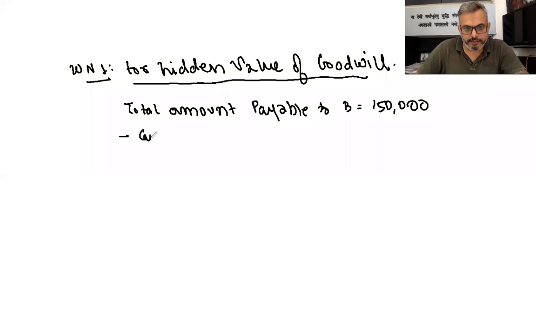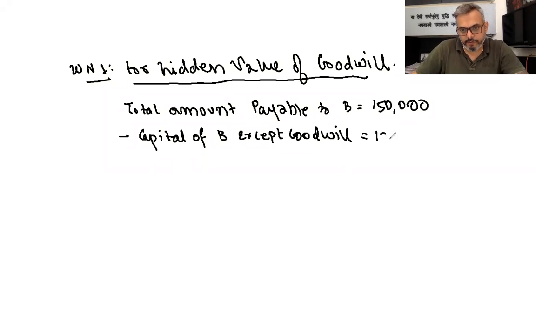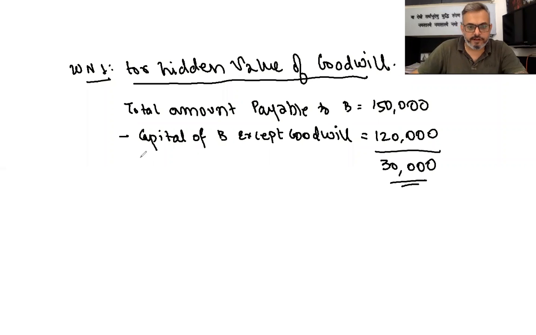So capital of B other than or except goodwill is equal to 1,20,000. So 30,000 is the share of B in goodwill.